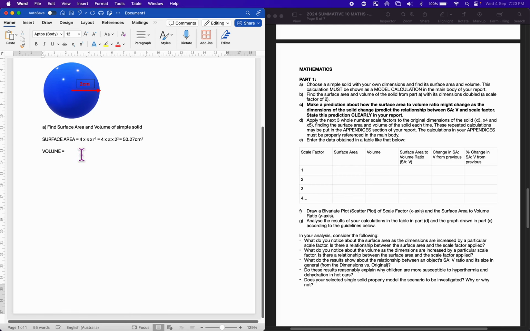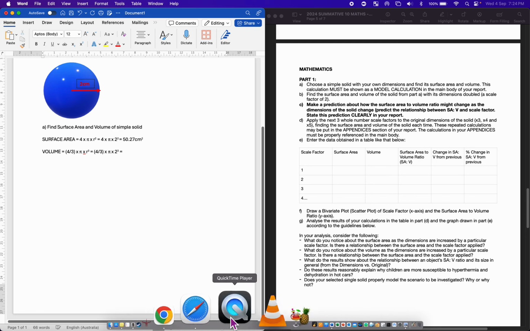Surface area, volume. Volume is 4/3 times pi times radius to the power of 3, equals 4/3 times pi times, what was the radius? It was 2 to the power of 3.